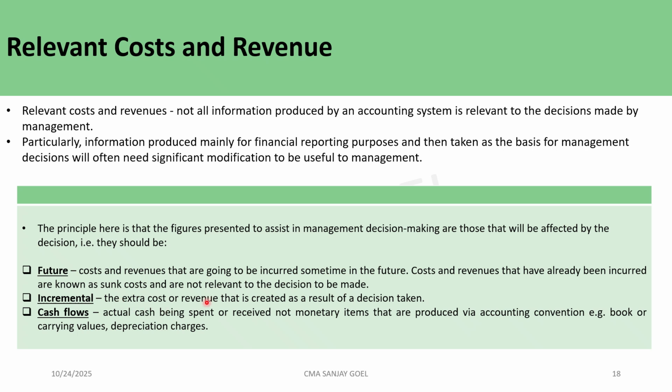Incremental: the extra cost and revenue that is created as a result of the decision taken. So the information should be incremental, affected by the decision. Cash flow: actual cash being spent or received, not monetary items produced by accounting conventions, such as book or carrying value and depreciation charges.